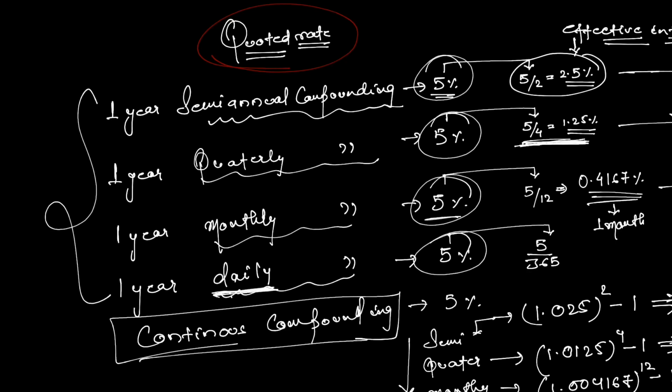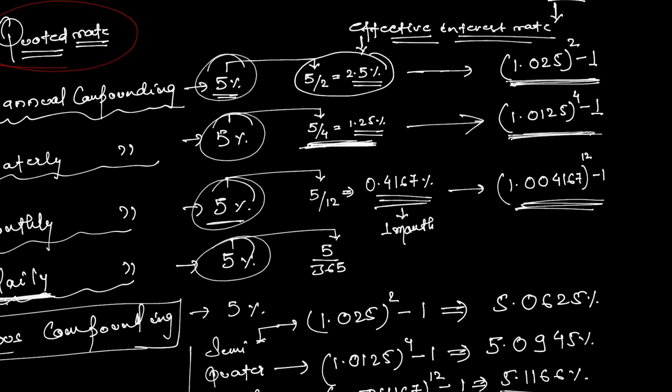If monthly compounding, you divide by 12, you get the effective interest rate of 1 month. If daily compounding, you divide by 360, you get the effective interest rate of 1 day. And then you convert effective to effective, from 6 months to 1 year effective, from quarter to 1 year effective, from monthly to 1 year effective.